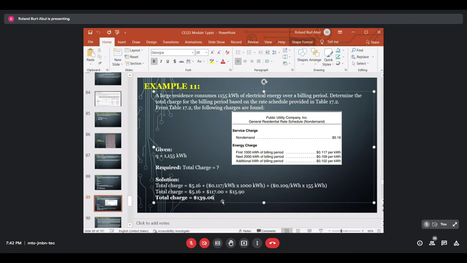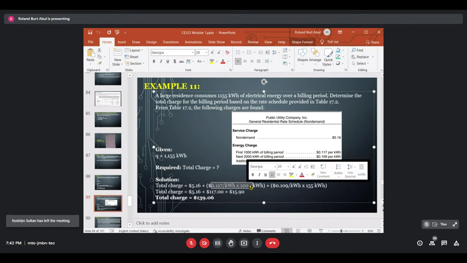First, the first 1,000 kilowatt hours of billing period at a rate of $0.117 per kilowatt hour. Sunod, next 2,000 kilowatt hours at a rate of $0.109 per kilowatt hour. And lastly, the additional kilowatt hours of billing period at a rate of $0.102 per kilowatt hour. So the given sa problem is energy consumption of 1,155 kilowatt hours.